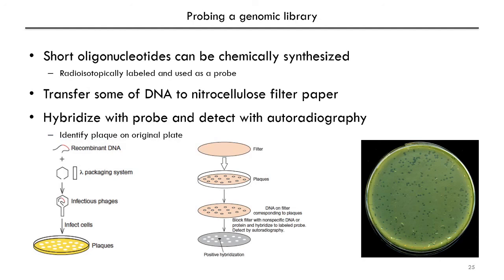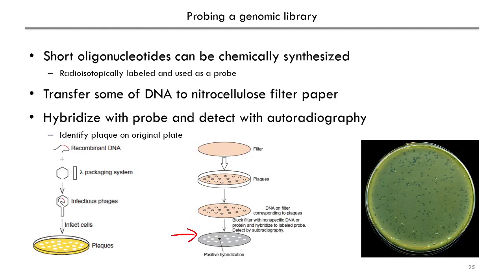If you have a plate that either has plaques from phage carrying cloned DNA fragments, or colonies of bacteria carrying Cosmids with cloned DNA fragments, you can transfer these onto a piece of nitrocellulose filter paper. DNA binds to the nitrocellulose wherever plaques or colonies had been transferred. You can block the rest of the nitrocellulose paper with non-specific DNA. DNA can be denatured into single strands by soaking the nitrocellulose paper in an alkaline solution.